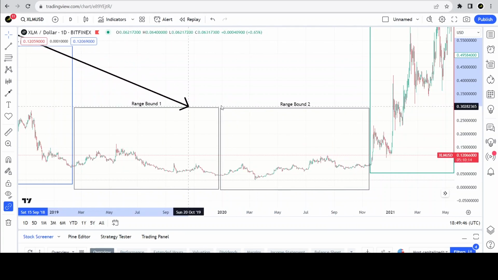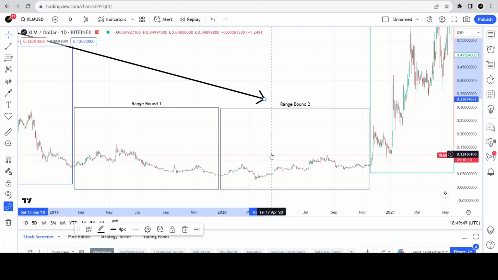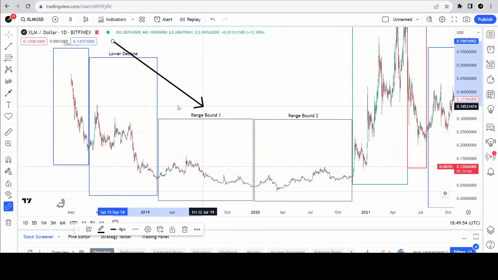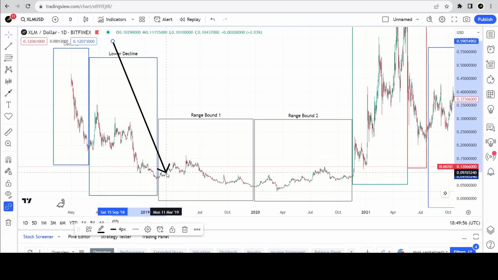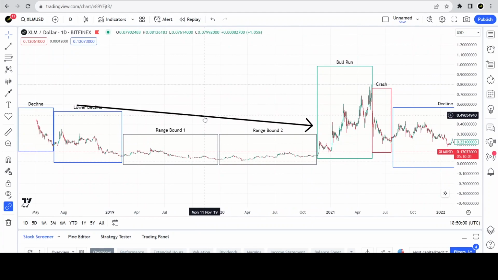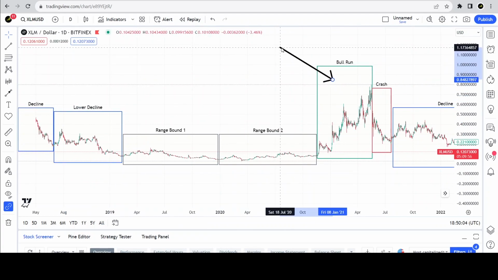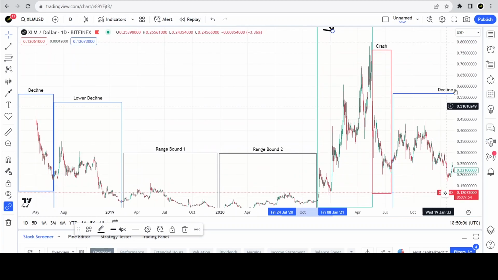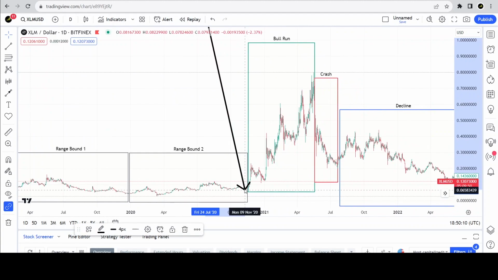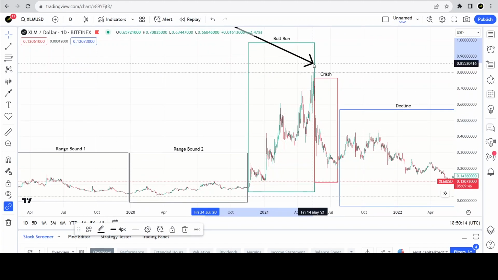So these two structures make up this range-bound time that exists in XLM, and this range-bound time takes place after the decline and before, yes, folks, the bull run. So there is only one iteration of this bull run so far, and the way this has played out, it was a series of steps up to a peak.